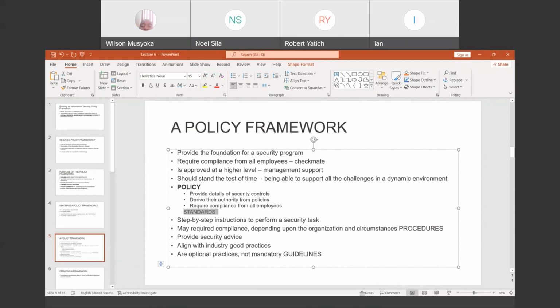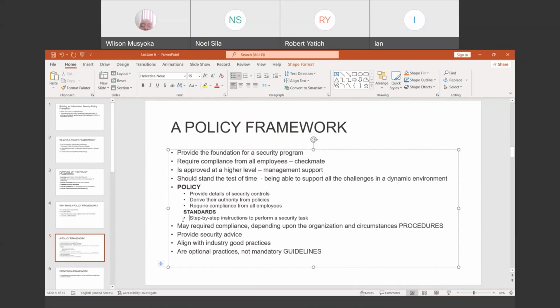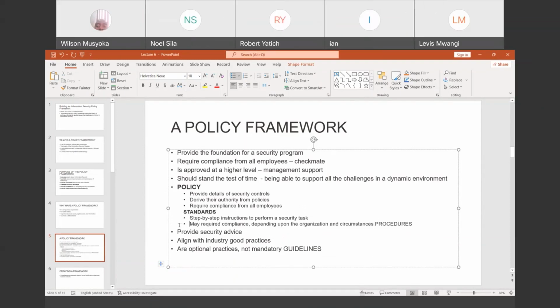Then when we come to standards, standards refer to the step-by-step instructions which are going to help in performing a security task. And they may require compliance depending on the organization and prevailing circumstances.